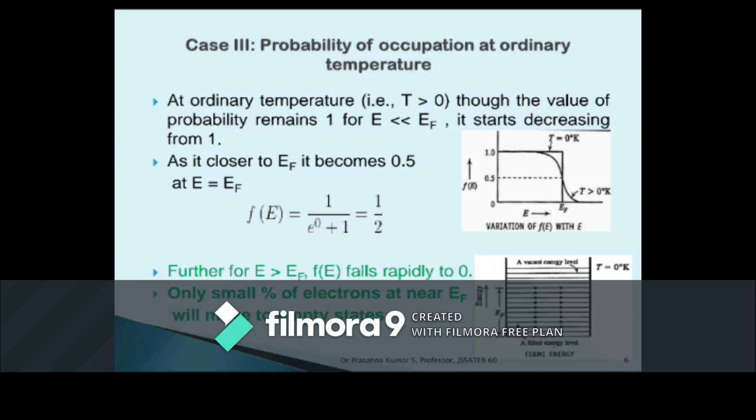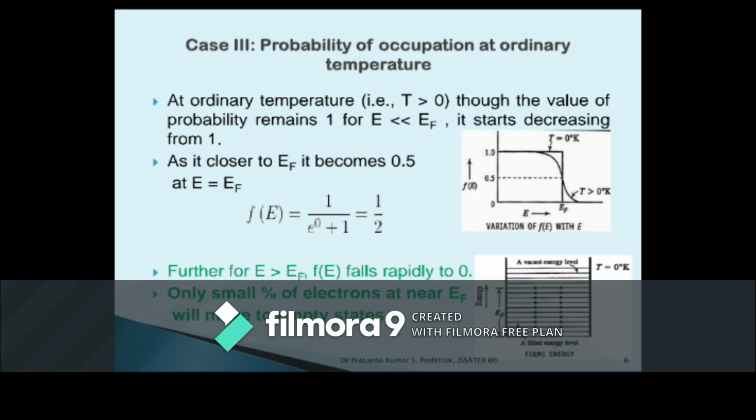And if you consider an energy level above EF, E greater than EF, you expect some electrons have already started occupying because temperature is greater than 0 K. You may have a little probability, but as you go up and up, the probability falls rapidly to smaller values.